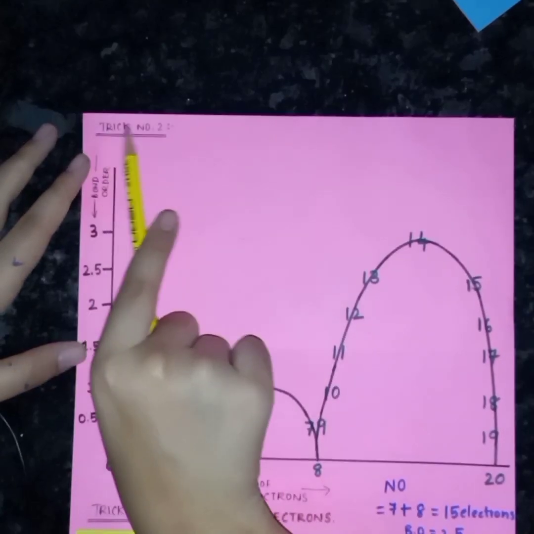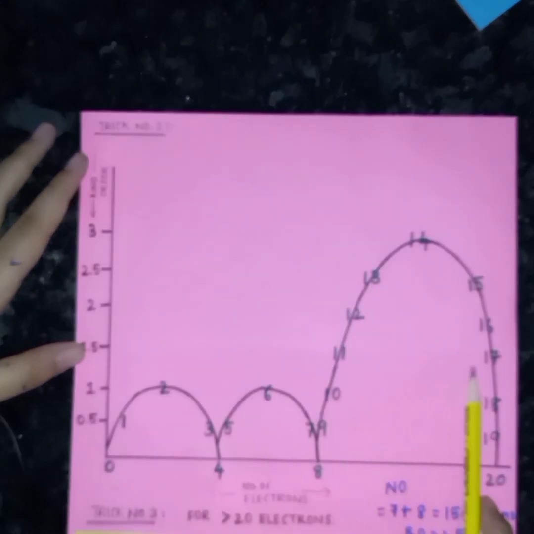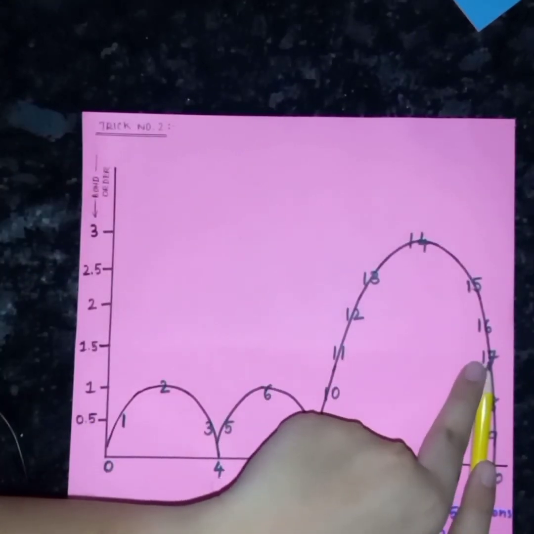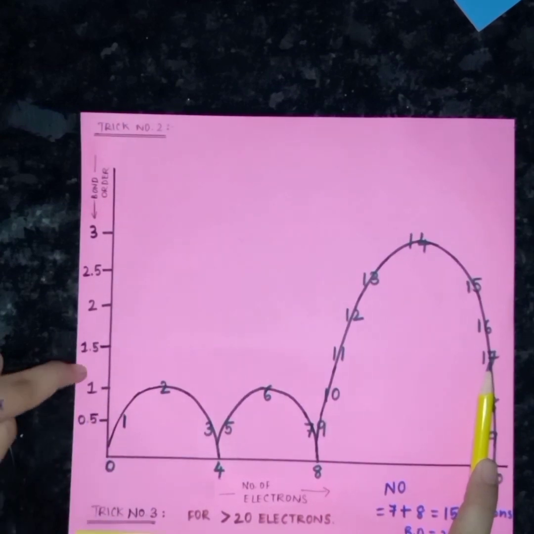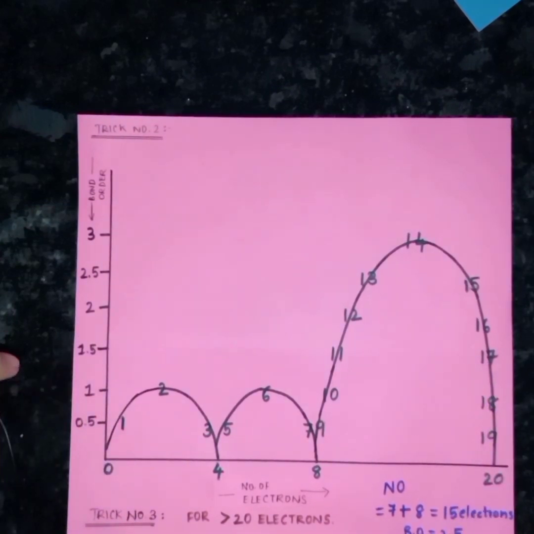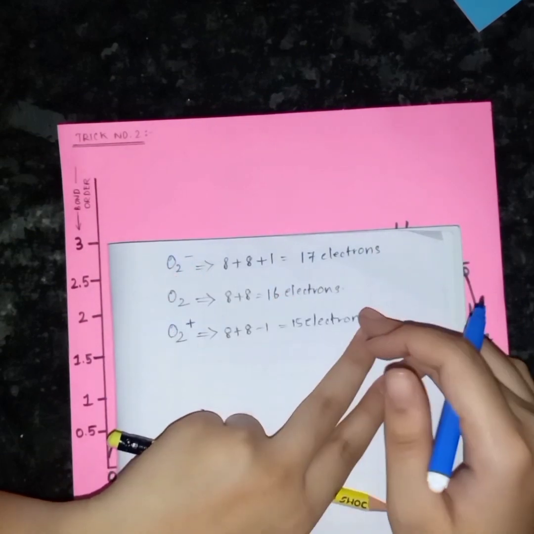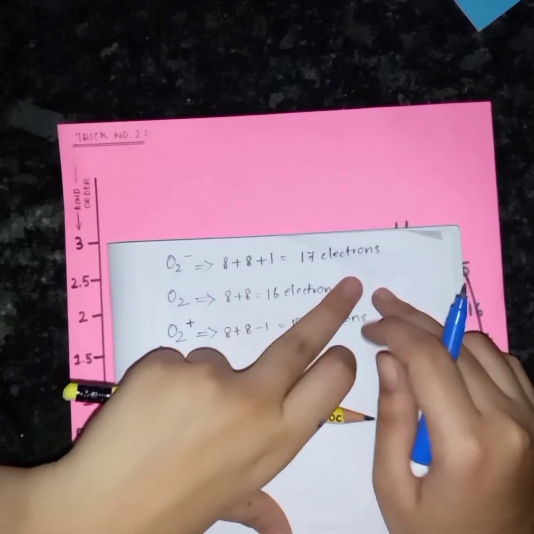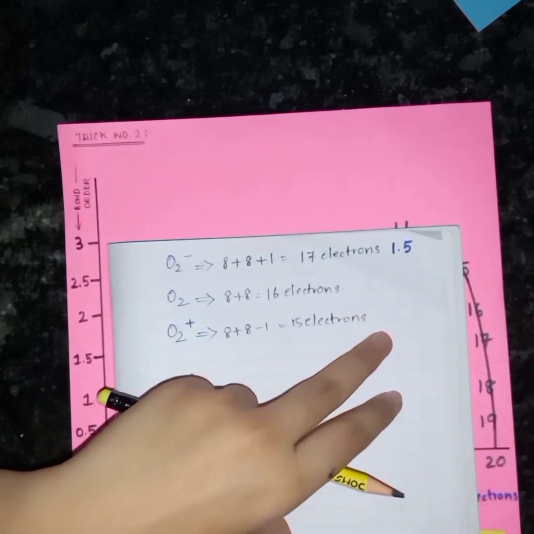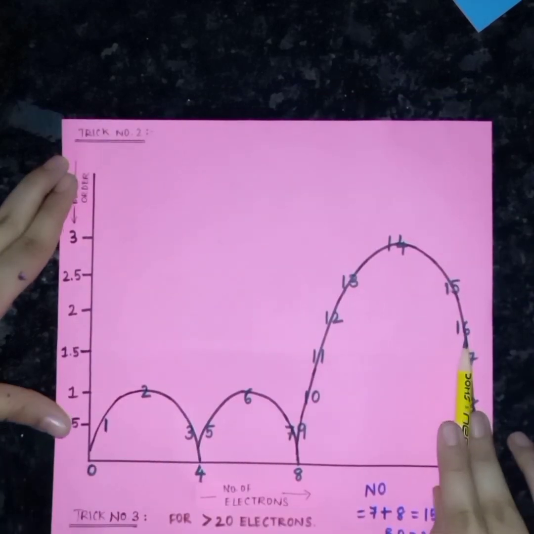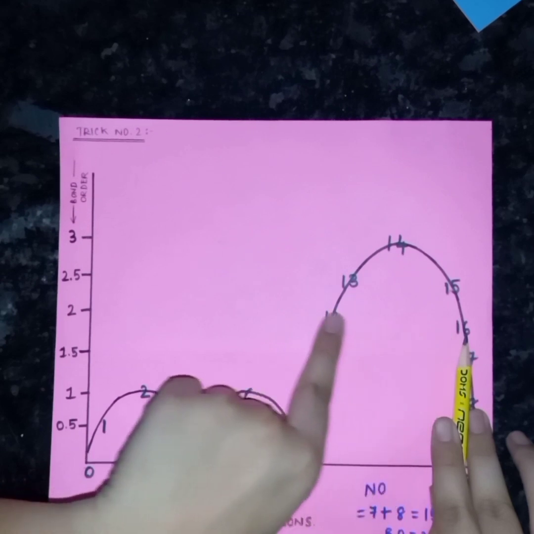Firstly, trick number 2. For 17 electrons, what is the bond order? The bond order is 1.5. Therefore, what is the bond order of O2 minus? 1.5. For 16 electrons, what is the bond order?